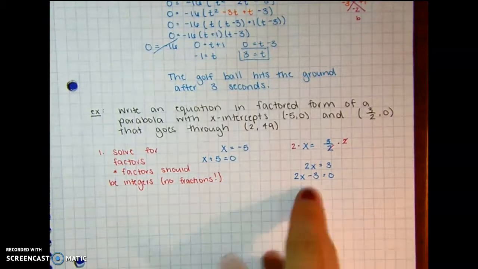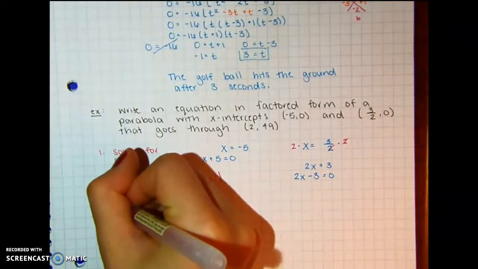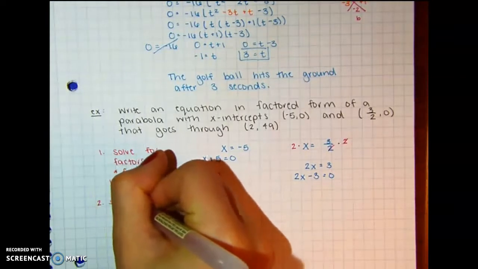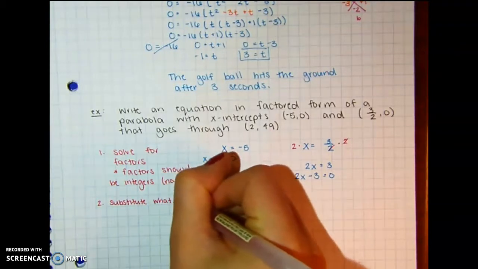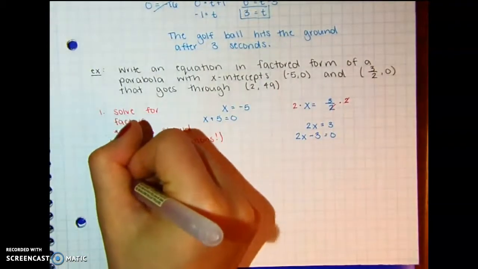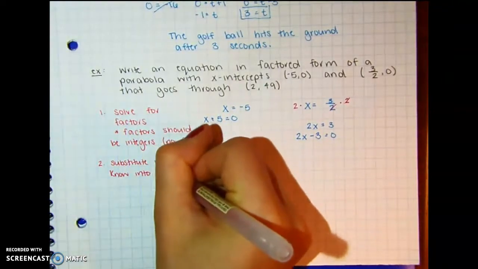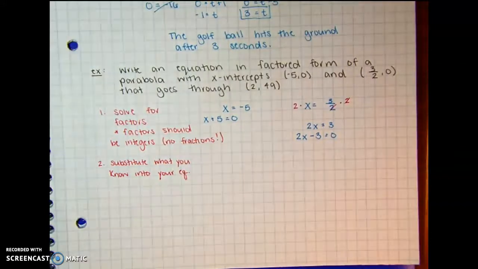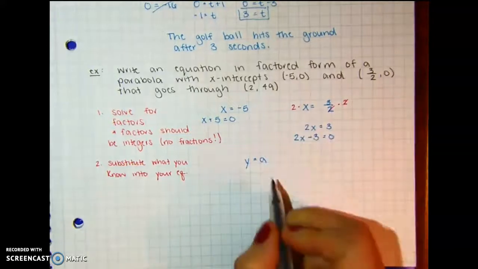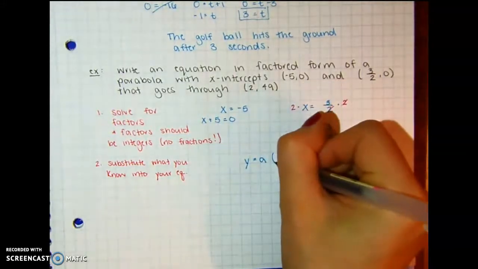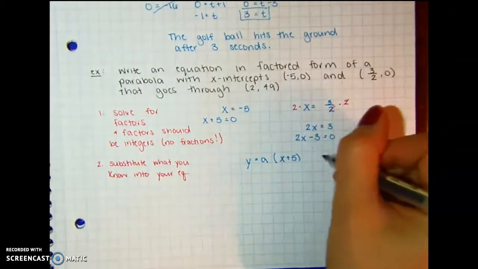So now we've got both of our factors, so the next step is to substitute what you know into your equation. So we know y equals a, because there could be some sort of dilation, and then x plus 5 times 2x minus 3.